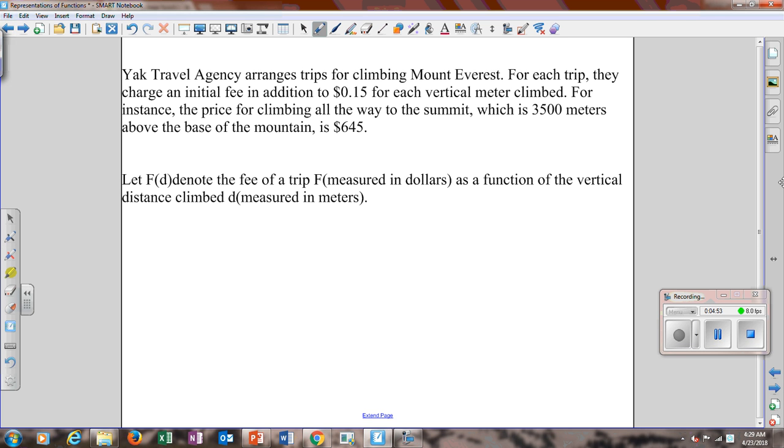So we're going to say F of D, or fee measured in dollars, is 0.15 times the vertical distance plus whatever our initial fee is, X. So they charge a total of 645, and it's 0.15 times 3,500 to make it all the way to the top, plus X.